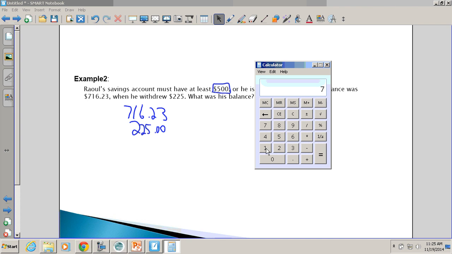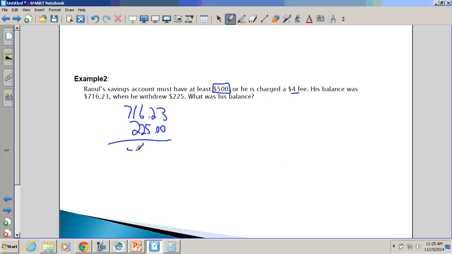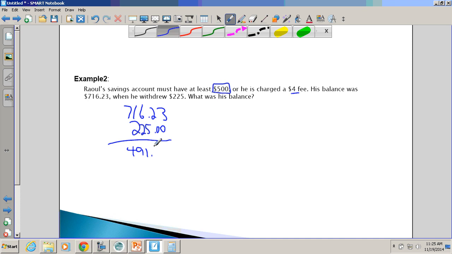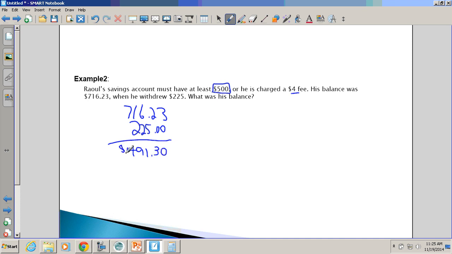In my calculator, I have 716.23, and I'm going to subtract $225, giving me 491.23. So now Raul has $491.23 in his account. But it went under $500, so he's going to be charged another $4.